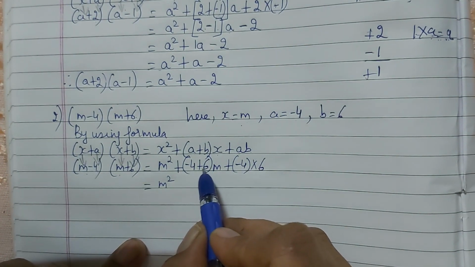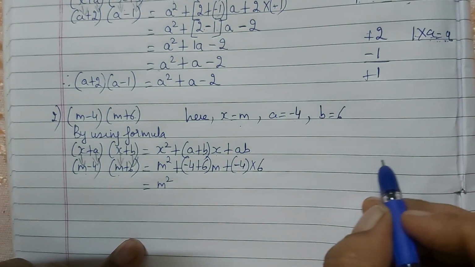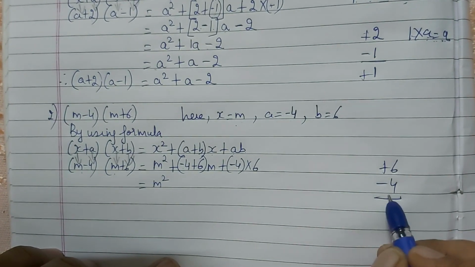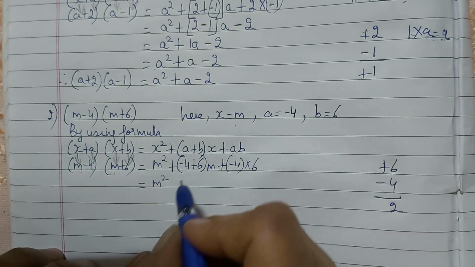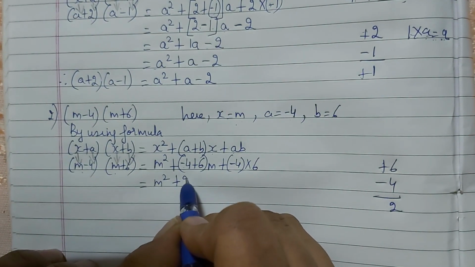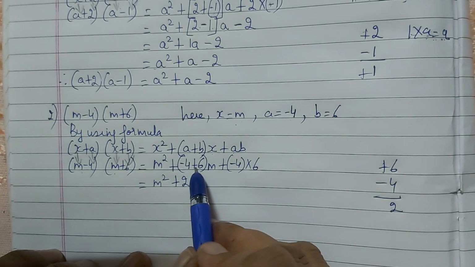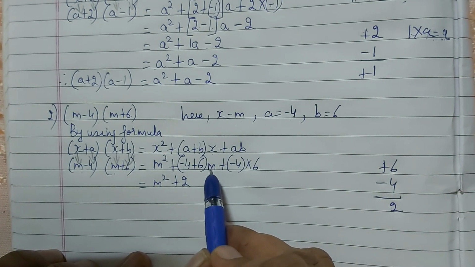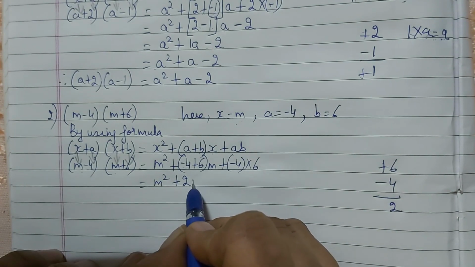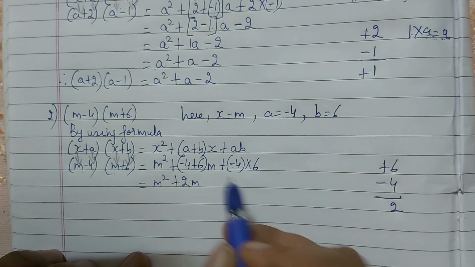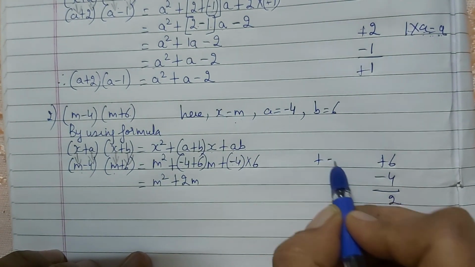Now this is plus 6 and minus 4. Plus and minus is minus. So 6 minus 4 is 2. So we will write plus 2. 2 multiplied by m is 2m. So we will write 2m. Now plus and minus is what?